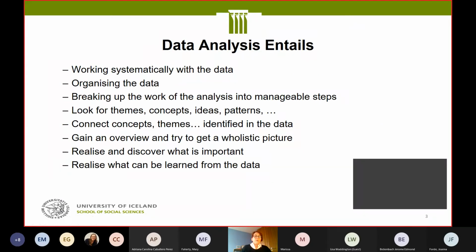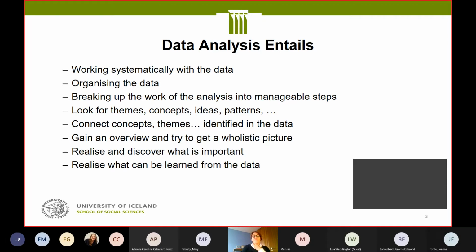So how you do the analysis is that you work systematically with the data. It's important to organize it so that you have a good overview and good organization of the data. You don't want it all messy and in a complex state. And you need to break up the work of the analysis into manageable steps.